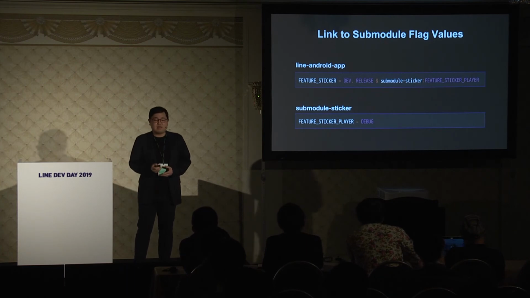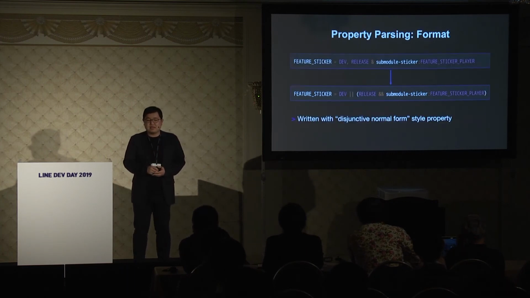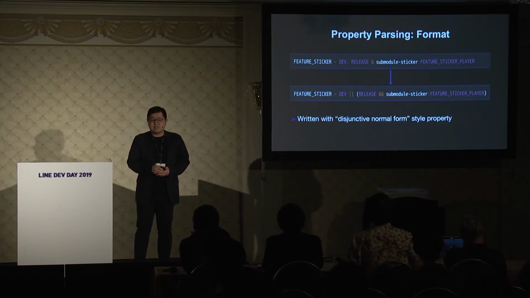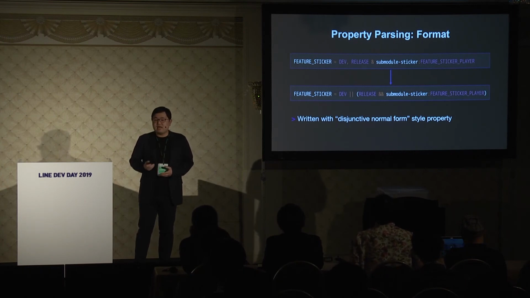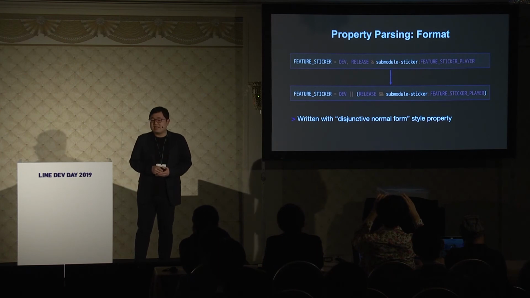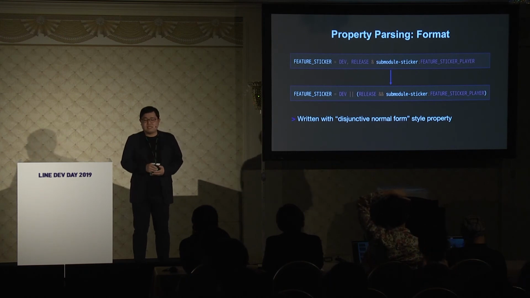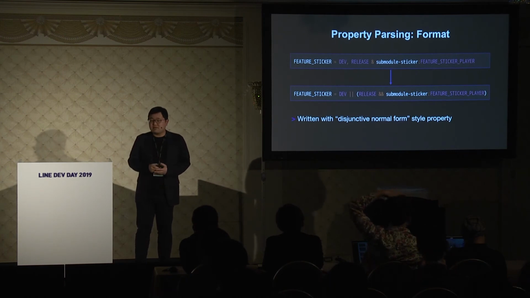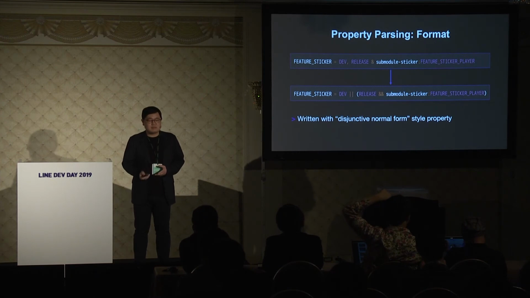How to write the property, I would skip in detail. But as a format of the property, they are connected with a comma, which will be expressed as or. Ampersand is and. So it is described like this.